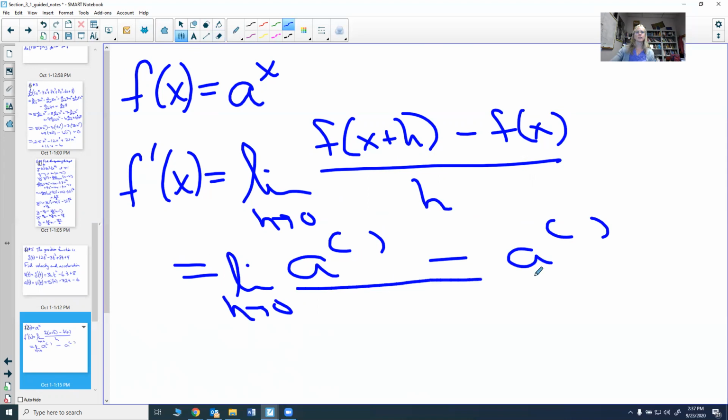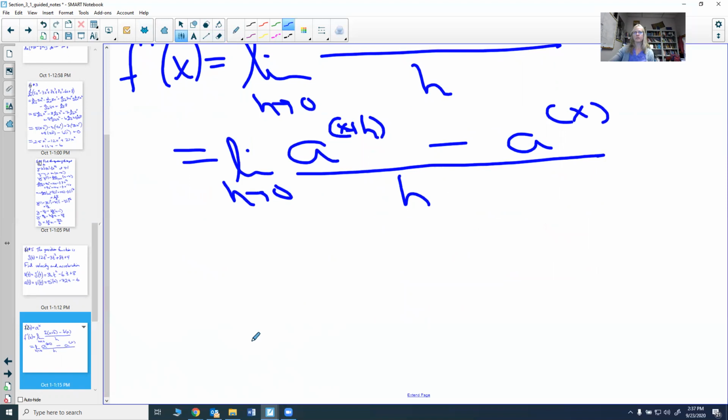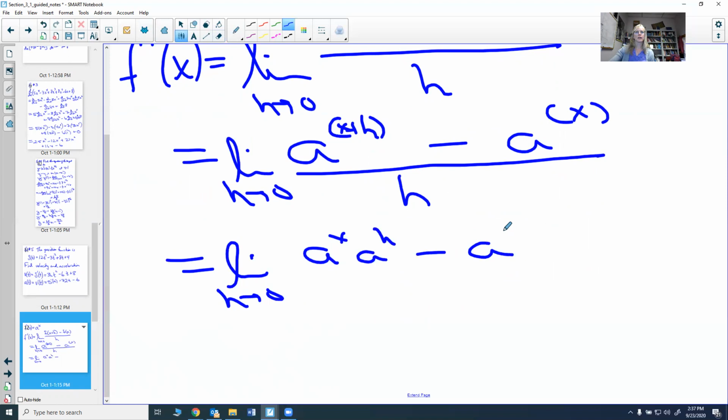The first something is x plus h, and the second something is just x. All right, so now what do we have? Again, the limit, because we haven't done it yet: a to the x plus h is a to the x times a to the h, minus a to the x, all over h.